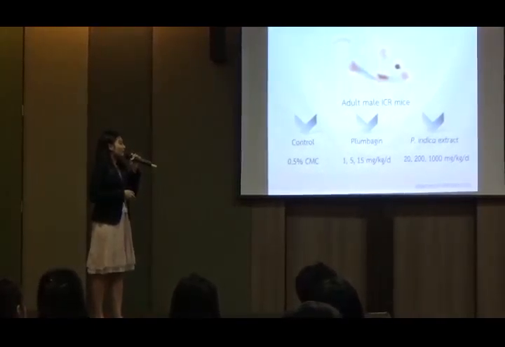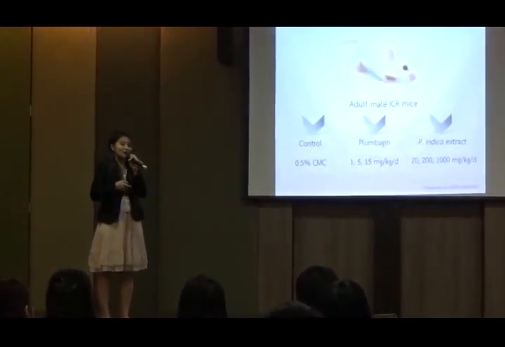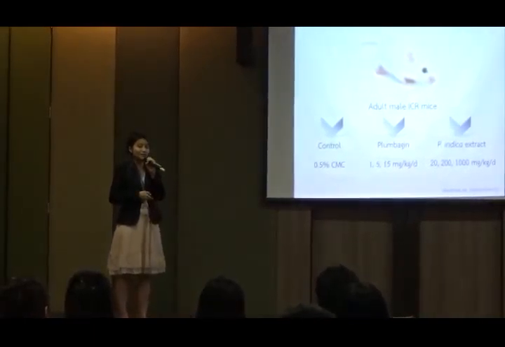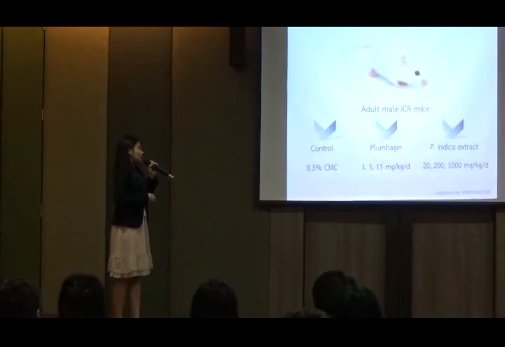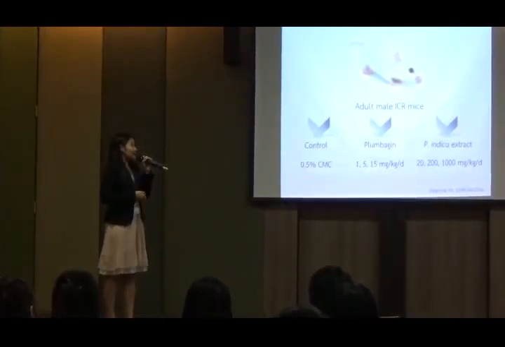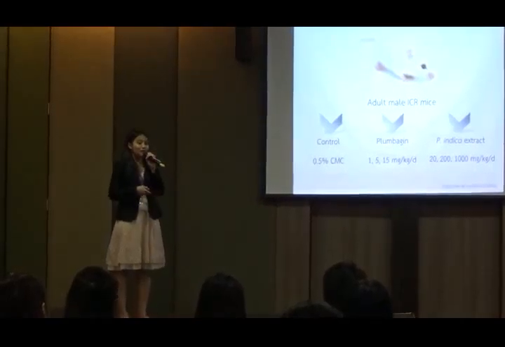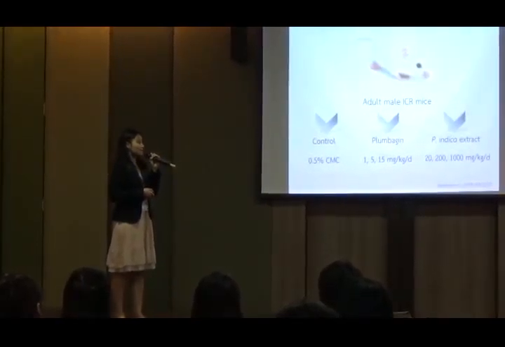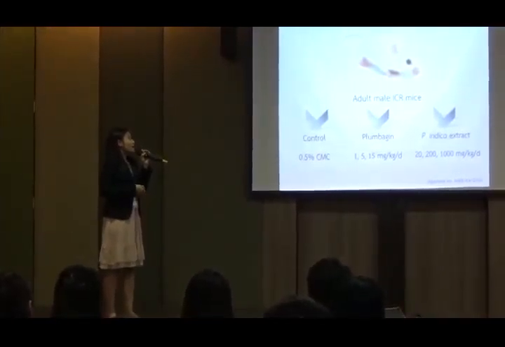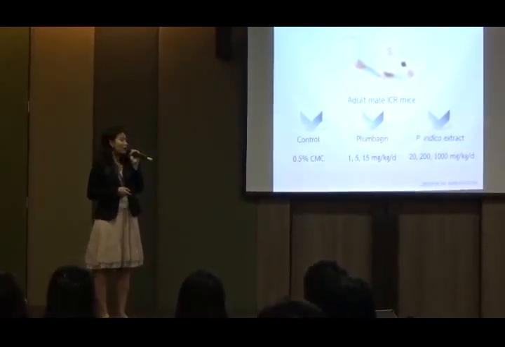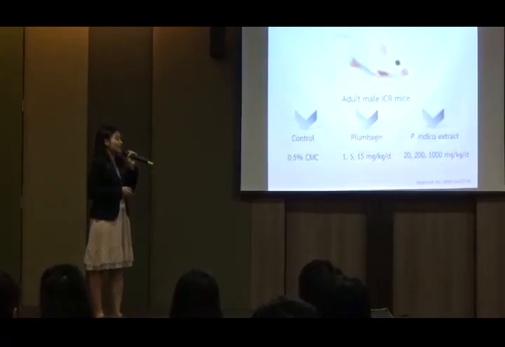The first group is the control group, intragastrically given 0.5% carboxymethyl cellulose as the vehicle only. The second group was given 1, 5, and 15 mg per kilo per day of plumbagin, and the third group received 20, 200, and 1000 mg per kilo per day of P. indica extracts.